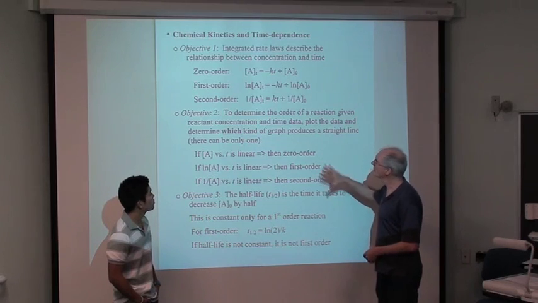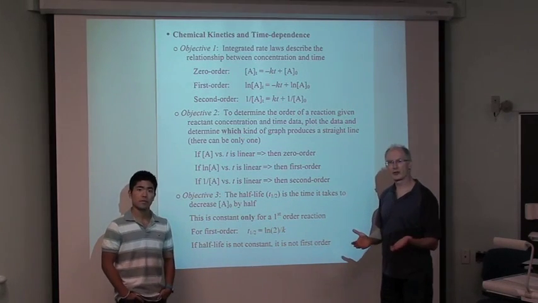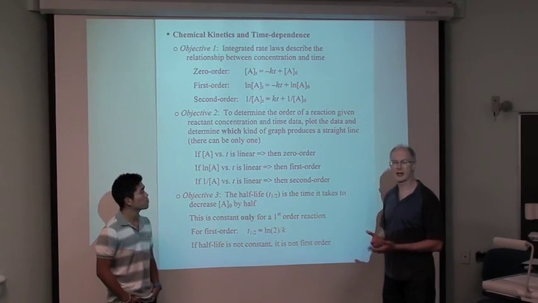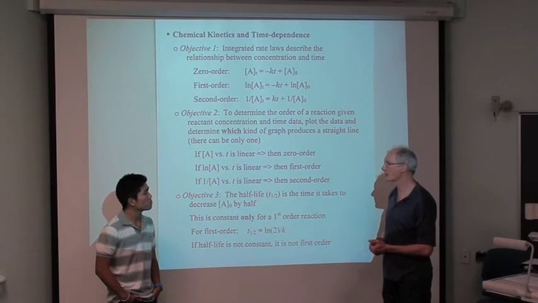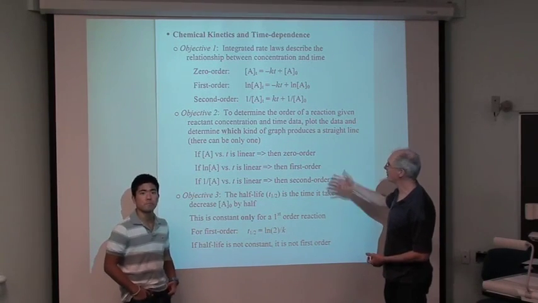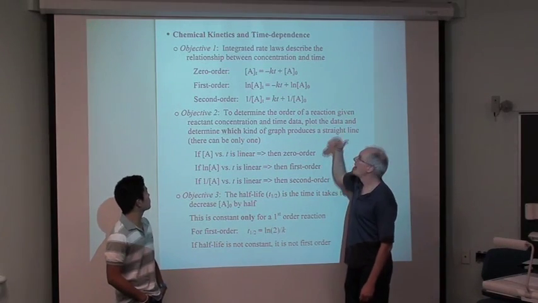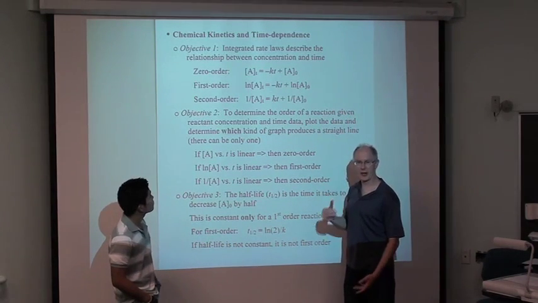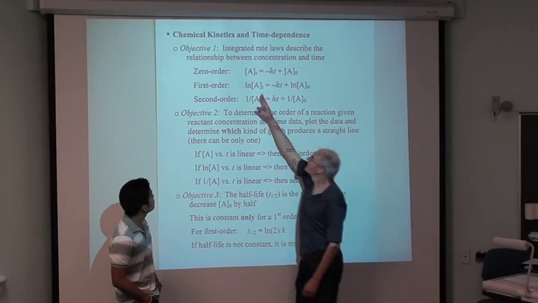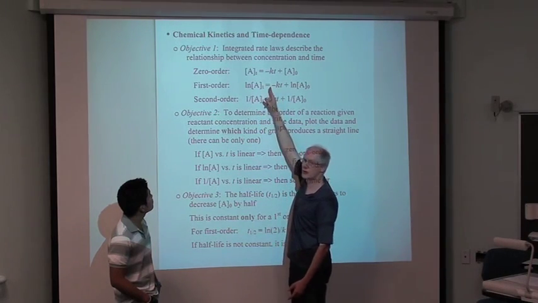But the other way is if you're given concentration versus time, how do you use that to determine the order of the reaction? These are three different equations, and they're all in the form of a straight line equation. Concentration versus time gives you a straight line.